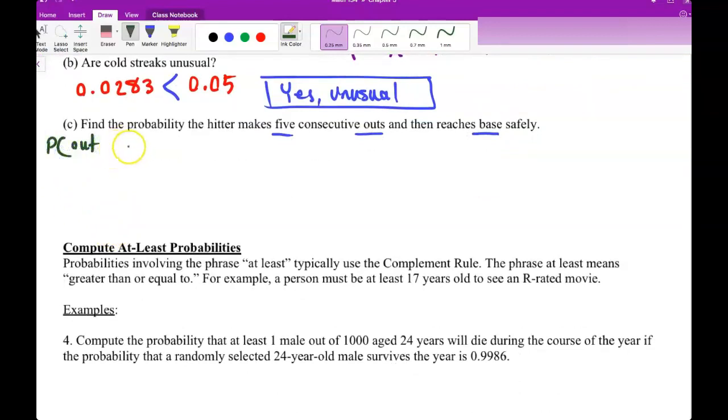So the first try was out, second out, third out, fourth out, here's 5. The fifth is out, and finally after that we have base.